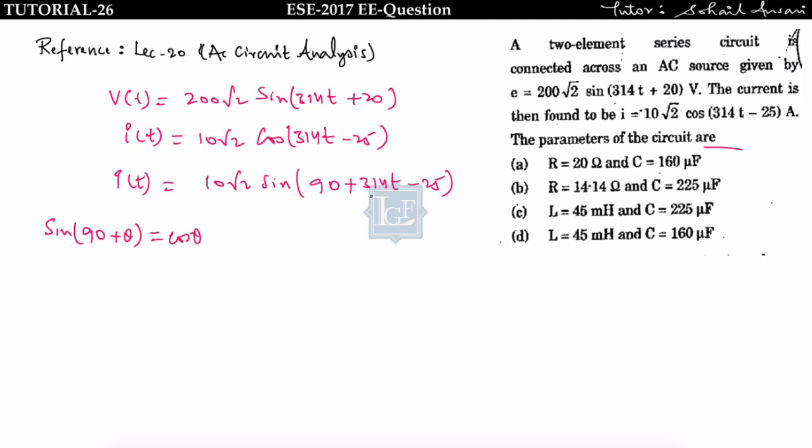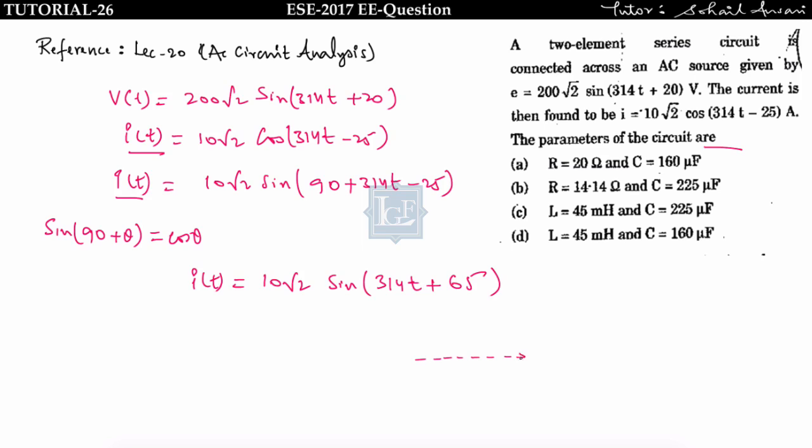So if I put theta is equal to 314t - 25, then I will get the same as this one. So this It and this It are same. So finally I will convert It is equal to 10 root 2 in sine form, that is equal to sin(314t + 65 degree). Okay, now draw the phasor diagram.